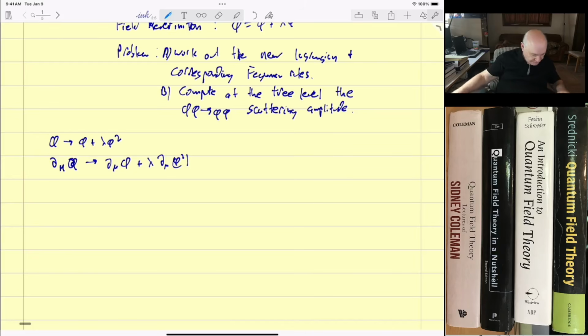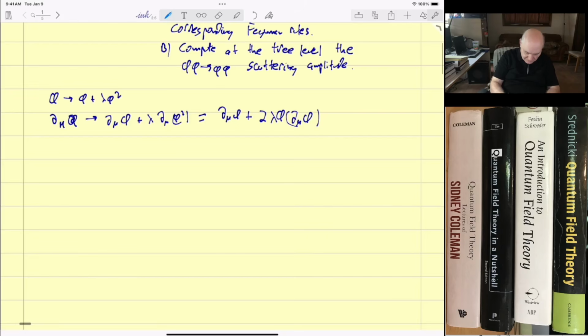Let me just correct something in my notes. And this is equal to the partial mu phi plus 2 lambda phi partial mu phi. Okay. So now we just substitute in the Lagrangian.